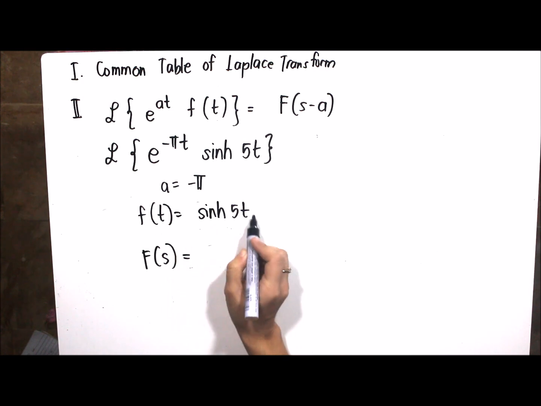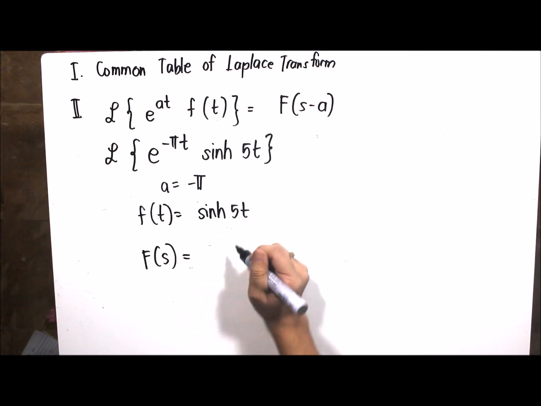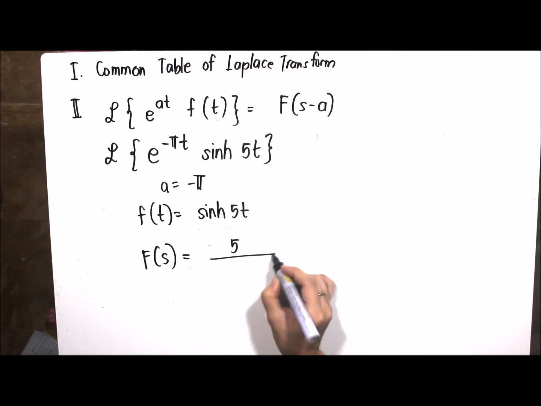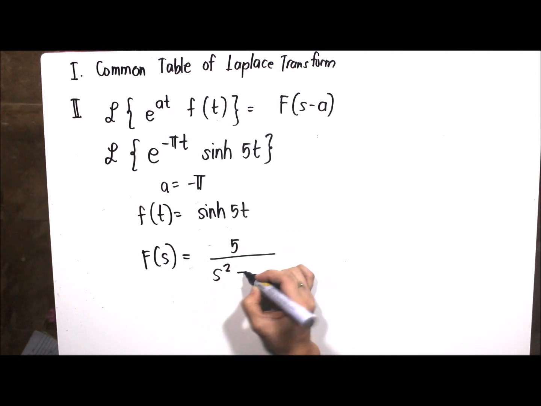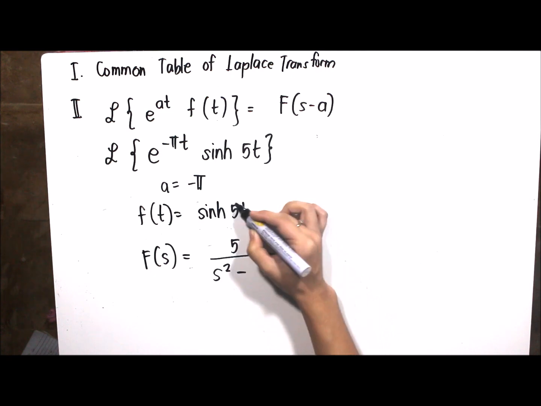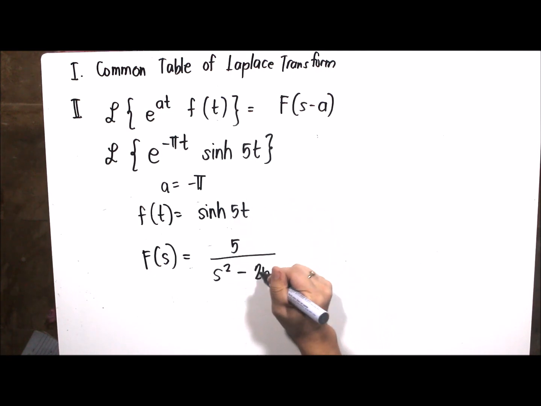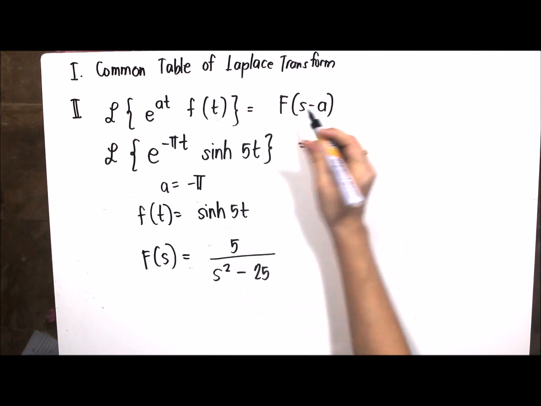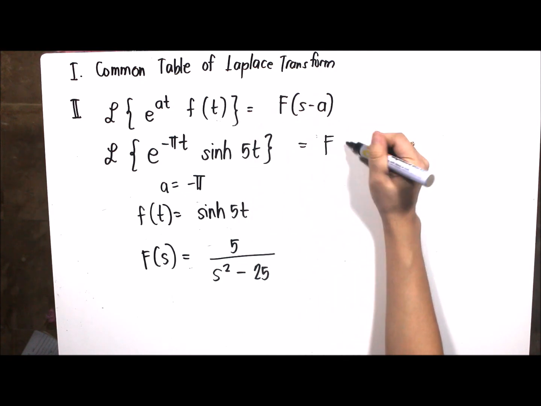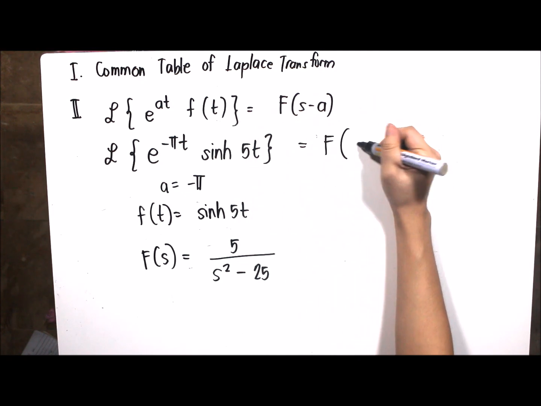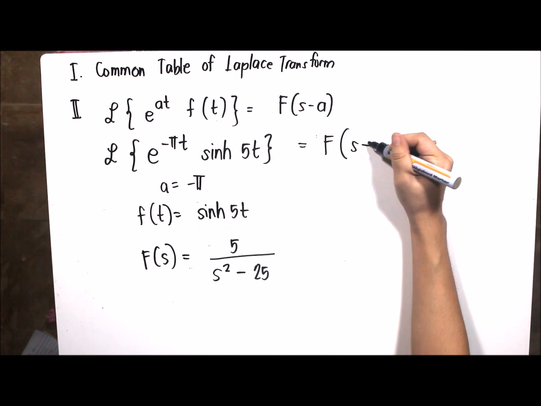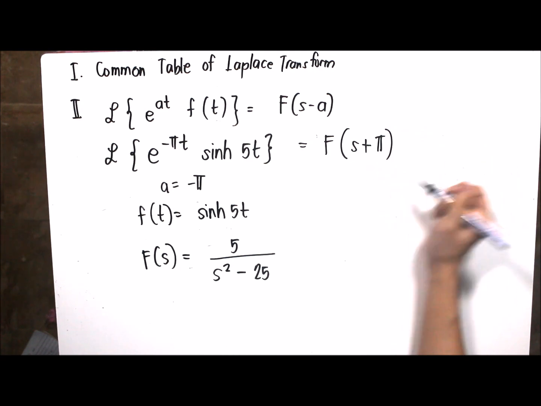And then take the Laplace transform of hyperbolic sine 5t. So that would be k, so 5, over s squared minus, dahil hyperbolic, k squared. So 25.